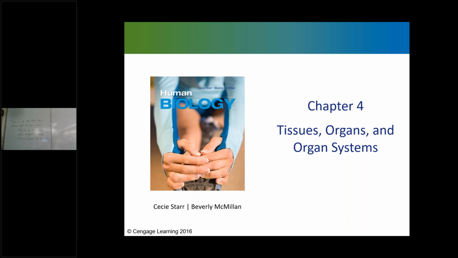Last class, we discussed the organ systems. Remember, I gave you that curly nerd mnemonic. I said that can be helpful for remembering the body systems. So let's take a moment and review that.